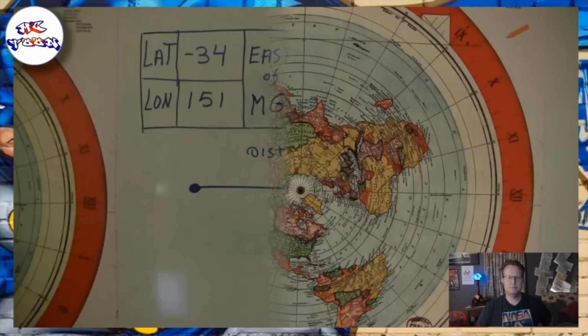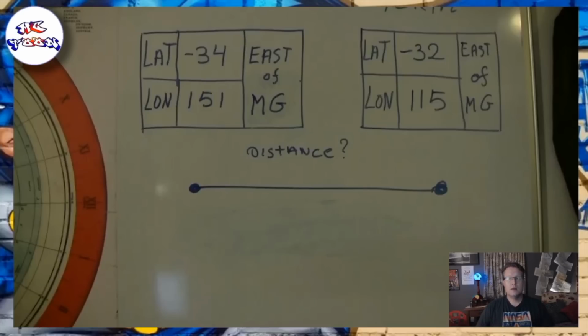I'll spare you the details of that and skip right ahead. So now he has found the exact latitude and longitude of Sydney and Perth. Not that it was that difficult to find, but it took him 12 minutes. So here we have latitude 34 degrees south, longitude 151 degrees east, and latitude 32 degrees south, 115 degrees east.